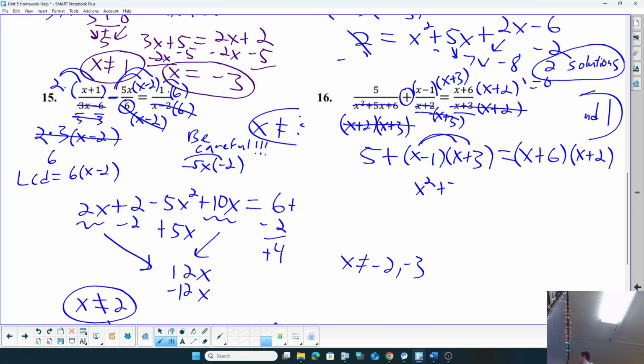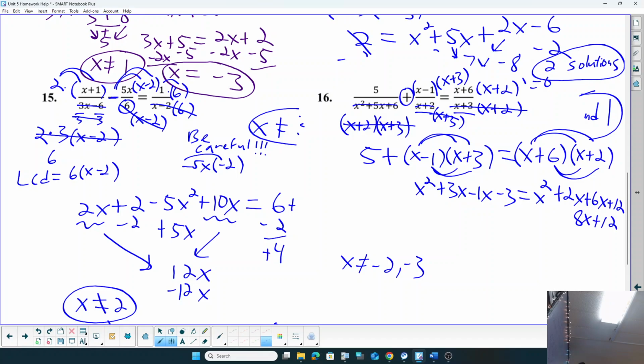X times 3 is 3x. -1 times x is -1x. -1 times 3 is -3. X times x is x squared. X times 2 is 2x. 6 times x is 6x. And 6 times 2 is 12. So this becomes an 8x when you combine like terms.